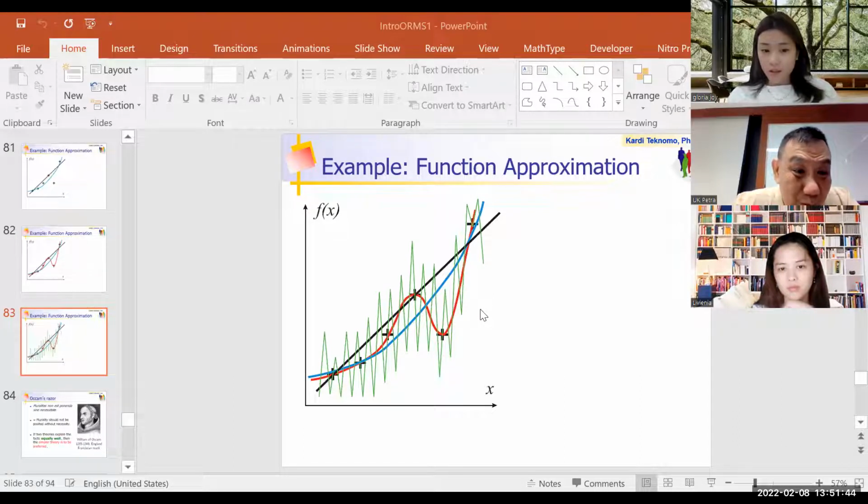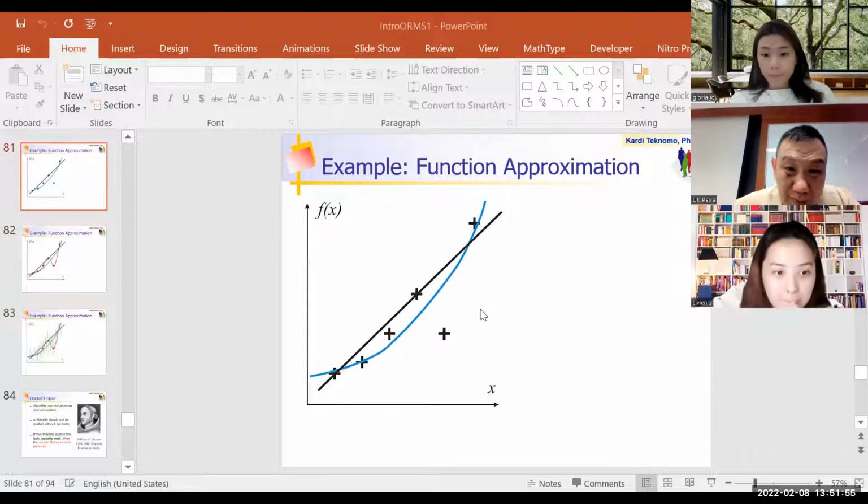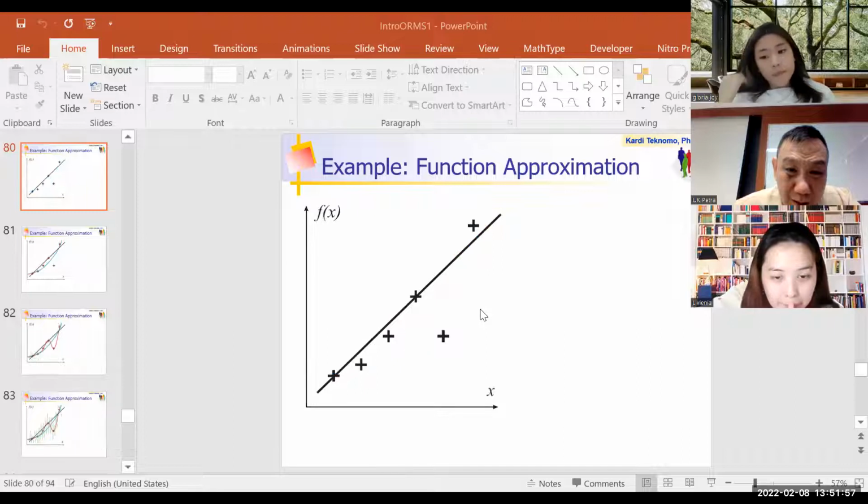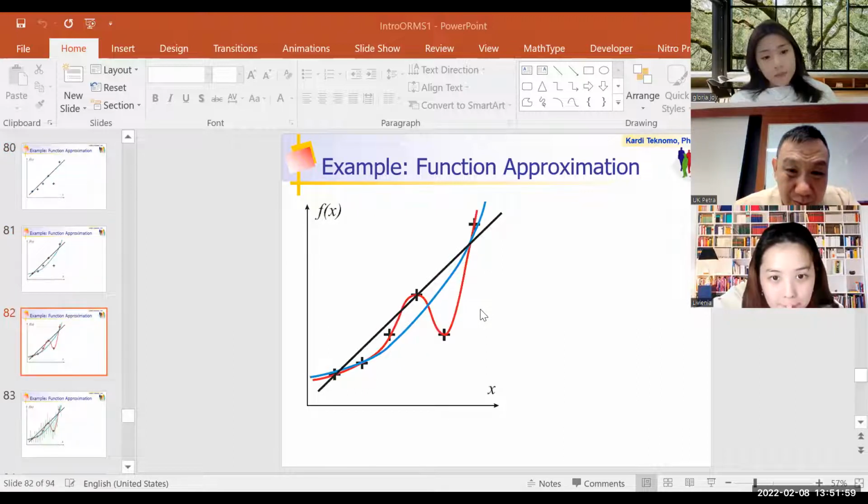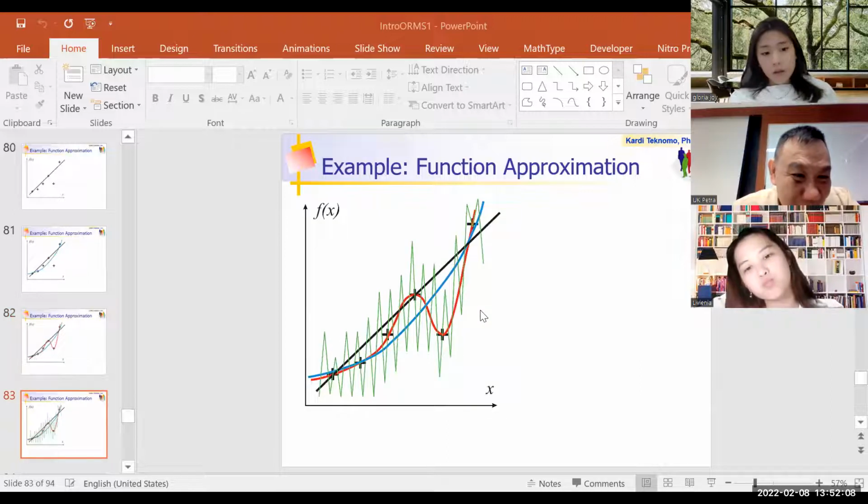Mm-hmm. How about you, Livy? Which one will you choose? The blue one, the black one, the red one. Look, the red one is passing all the points. But the green one is also passing all the points.